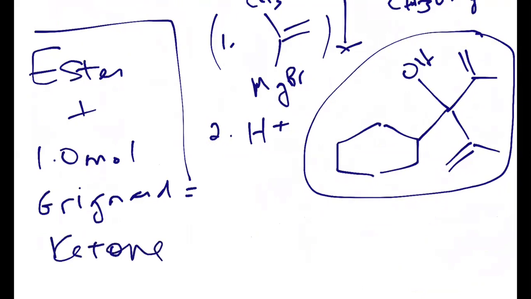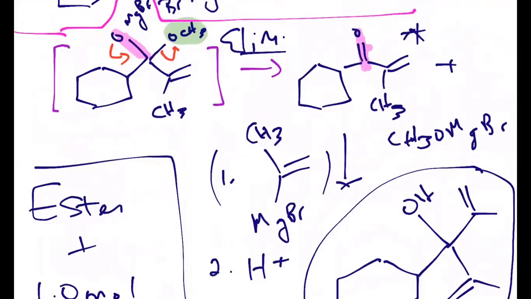Yes, that's what we did here when we added the second Grignard. It took the ketone all the way to the alcohol. So let me put that over here and emphasize it. This is the second mole.